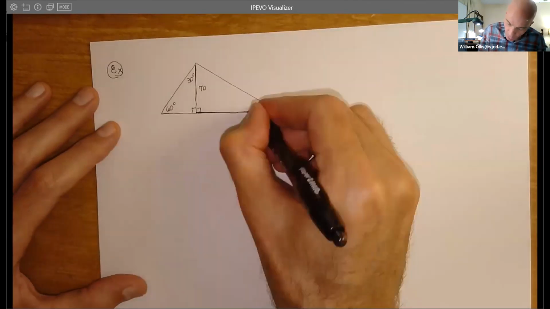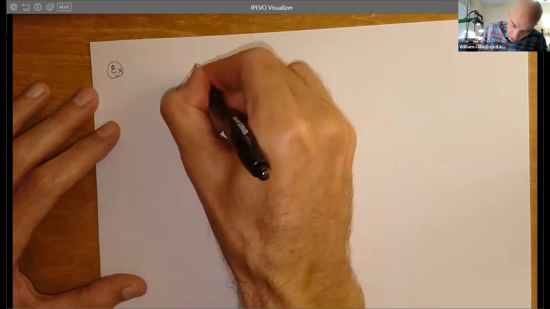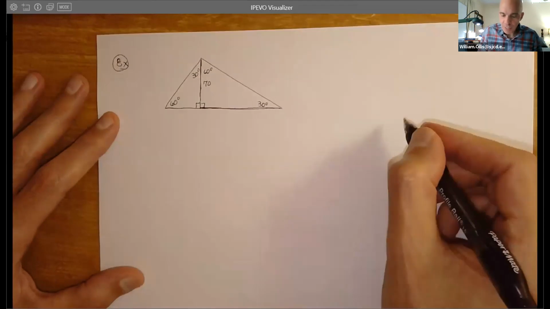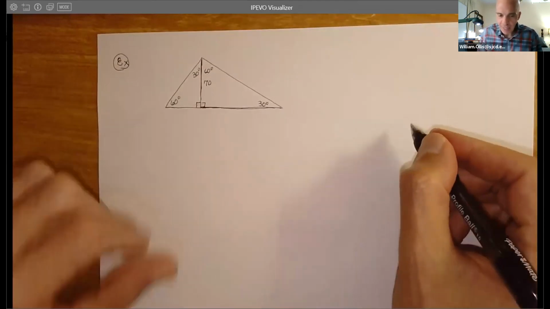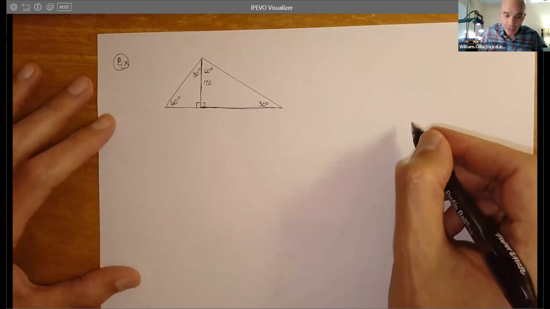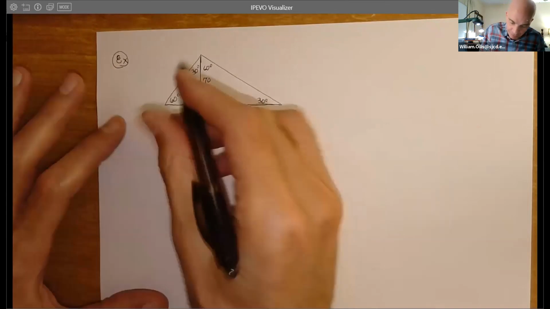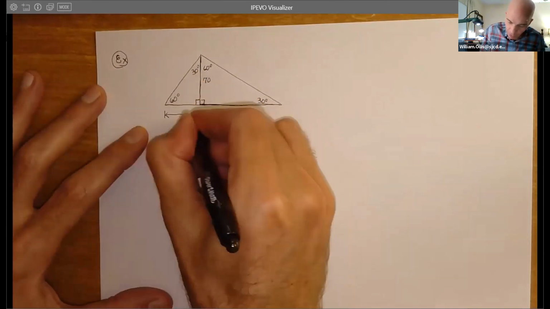And of course, this will be our 30 degree. And we'll have our 60 degree. So this is an interesting setup. We've got right angles here, a right angle there, kind of an interesting little diagram. And so that's all we're given. And then we have a label. This is a label that WebAssign gives you.